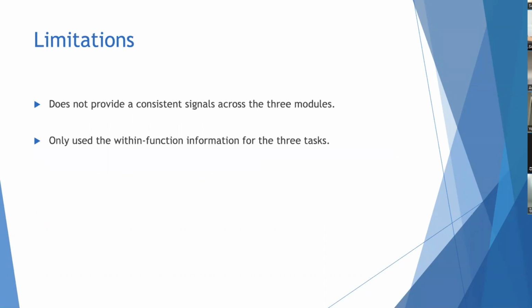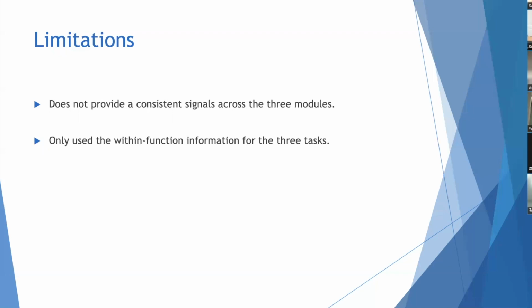But there exist two limitations. The first limitation is that it does not provide consistent signals across the three modules, which means that if the function is not buggy, it still continues looking for patches at the line level, and then it tries to repair the program, although the program is not buggy.